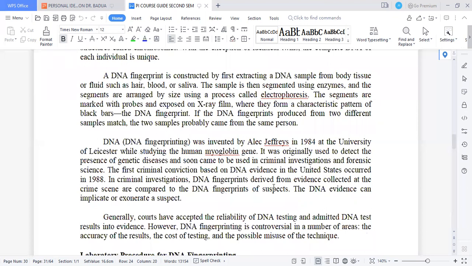So it's not just a matter of establishing genetic diseases, but as they went along with the use of this field, it expanded to the administration of justice. Based on history, the first criminal conviction based on DNA evidence in the United States occurred in 1988. So 1988, you have to remember that.